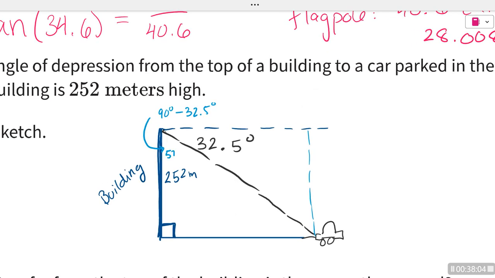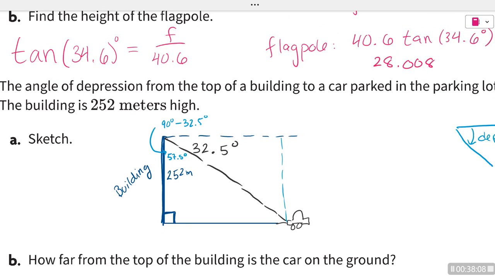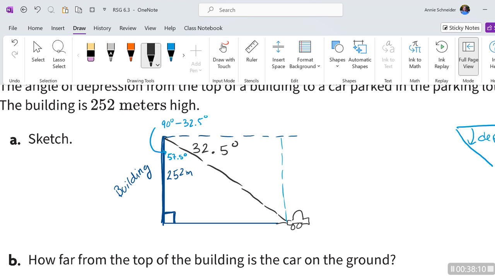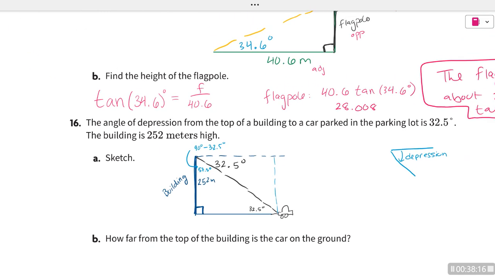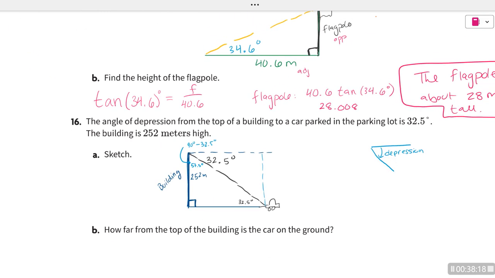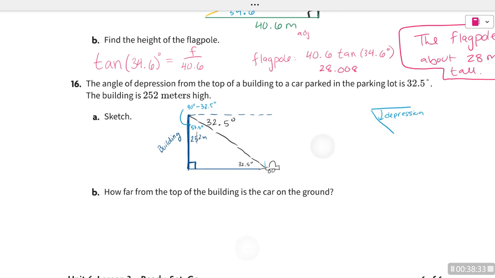So I'll put that in, 57.5 degrees. Since a whole triangle is 180, this angle down here is also 32.5 degrees. So that angle of depression from the top of the building is the same as the angle of elevation from the car to the top of the building. So the phrasing is really important. We have to make sure we're careful about that. So there's our sketch. I don't need to actually keep this dotted line in, so I'll take that away.